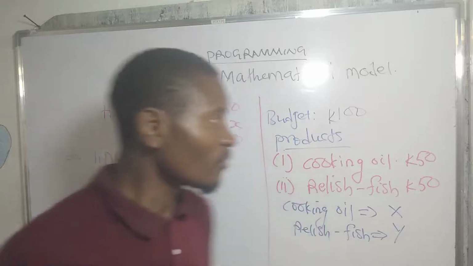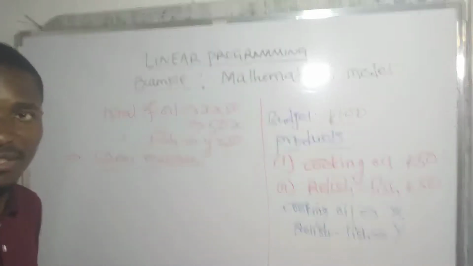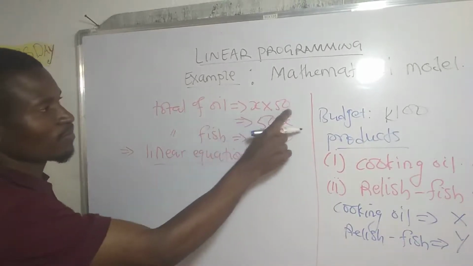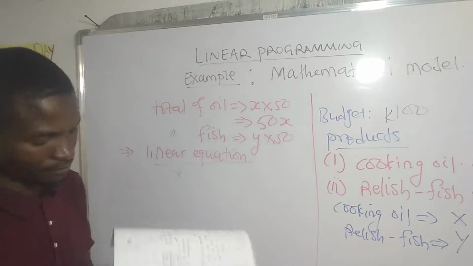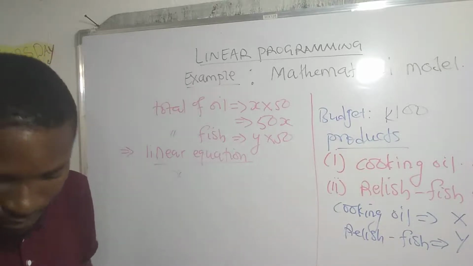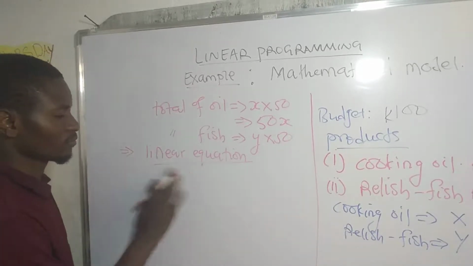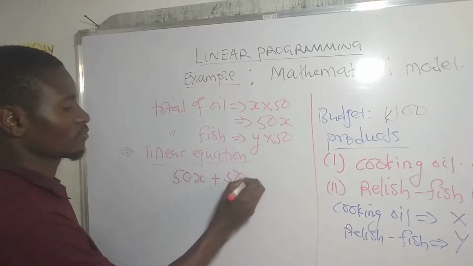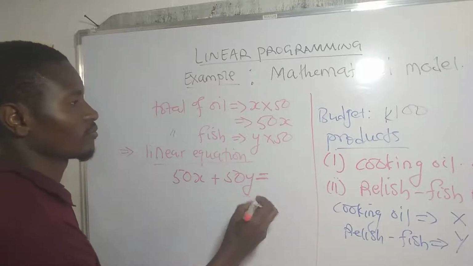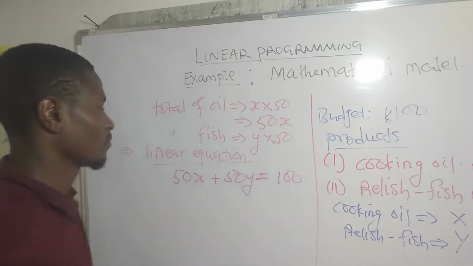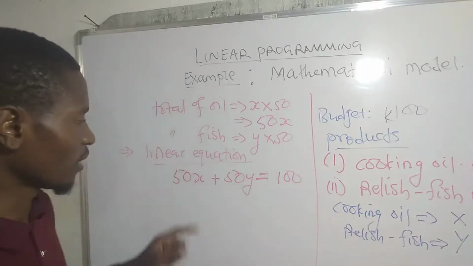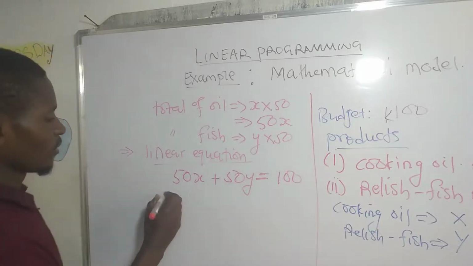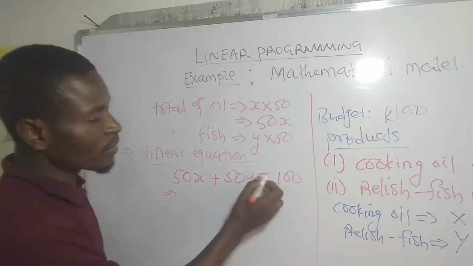So from there, ladies and gentlemen, we can now say that this plus this is going to be something like 50x plus 50y equals 100. And this is an equal sign.